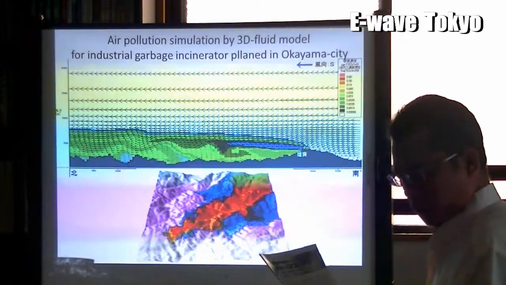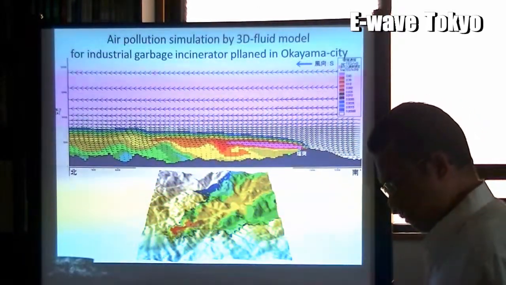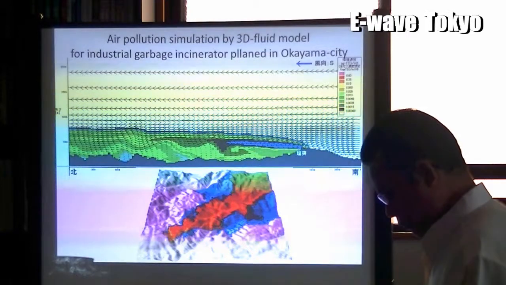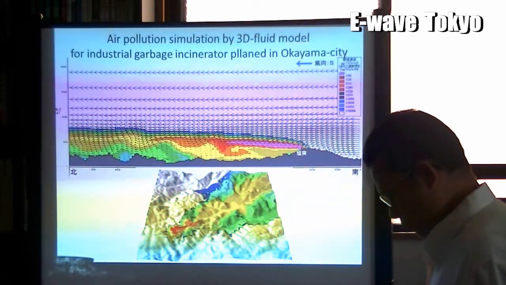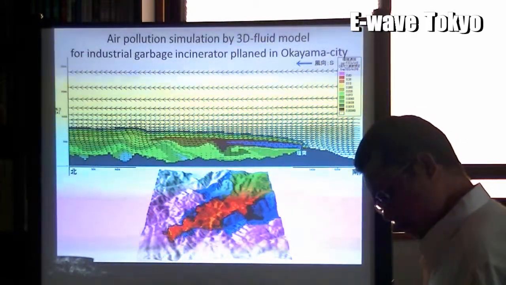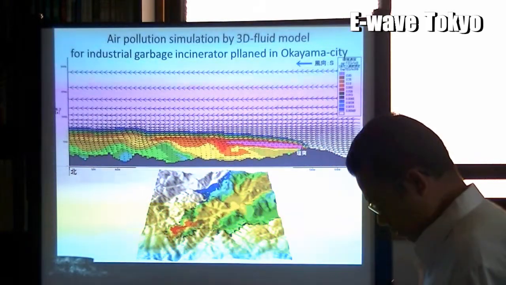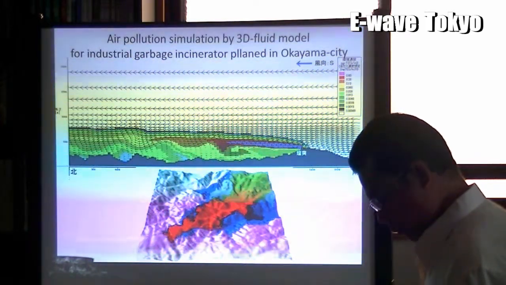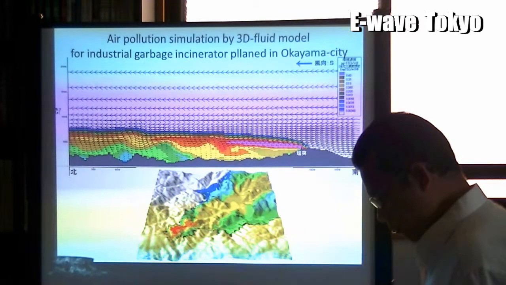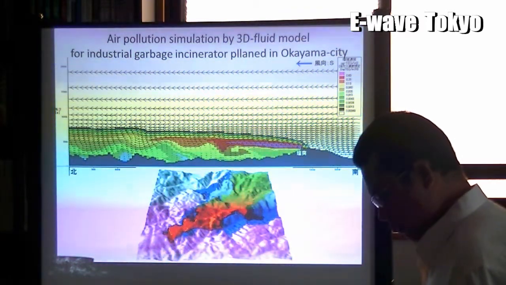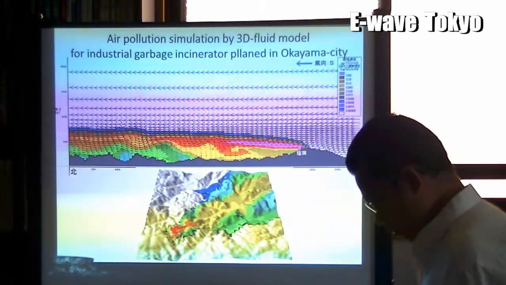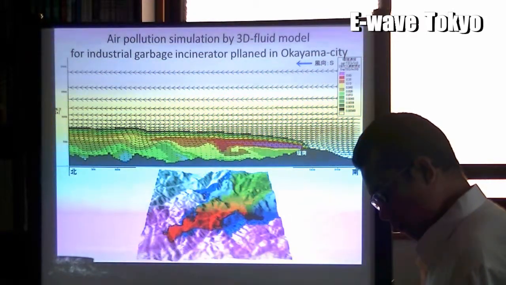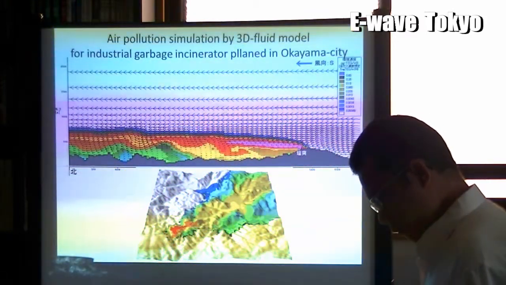The government gives the environmental impact assessment report based on the flow model, and those are underestimated, by academics that are hired by the government. And the court wants to believe in the government's claim. More like political influence.